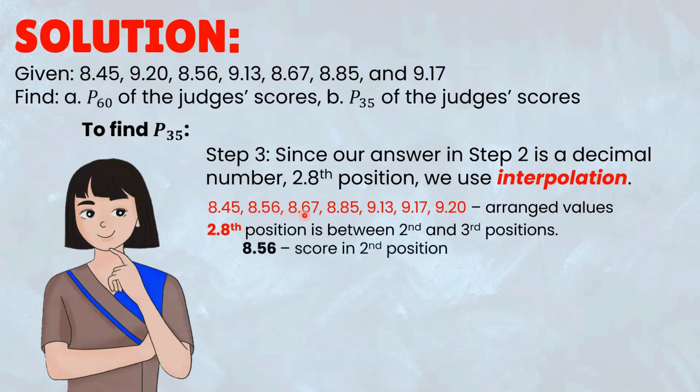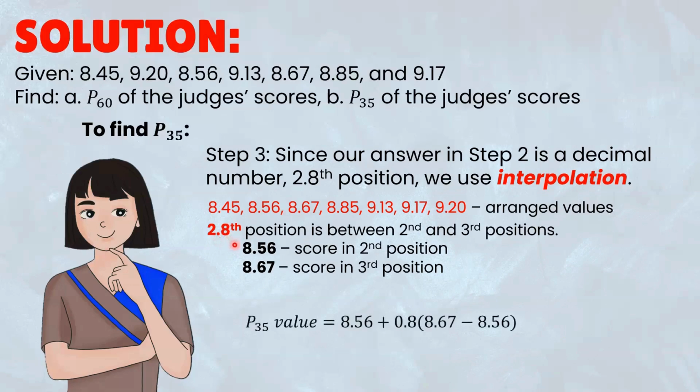The score that corresponds to the second position is 8.56, and the score that corresponds to the third position is 8.67. Now, to get the score that corresponds to the 2.8 position, we have to add the second score and the 0.8 score.